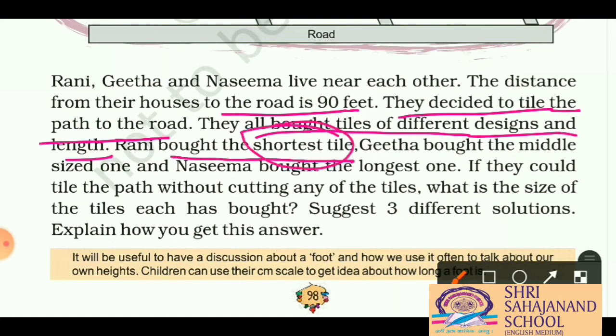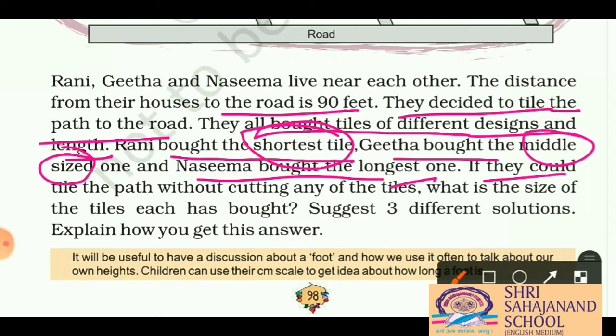Geeta is taking the middle sized one, and Nasima bought the longest one. If they could tile the path without cutting any of the tiles, what is the size of the tiles each has bought? Suggest 3 different solutions and explain how you got this answer.